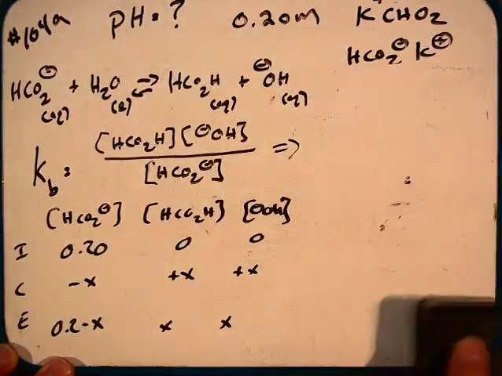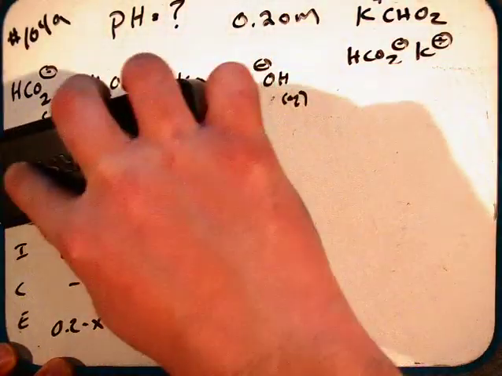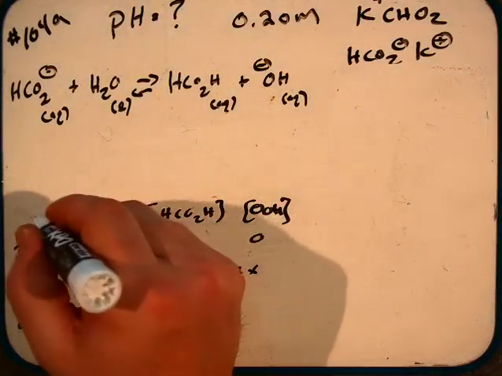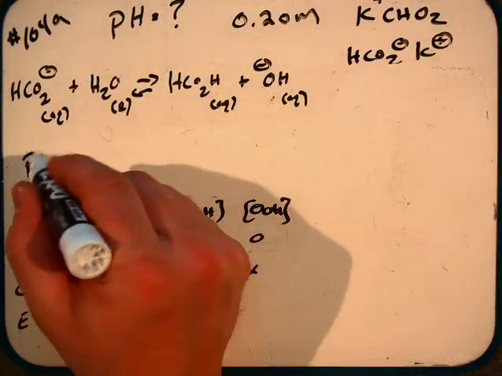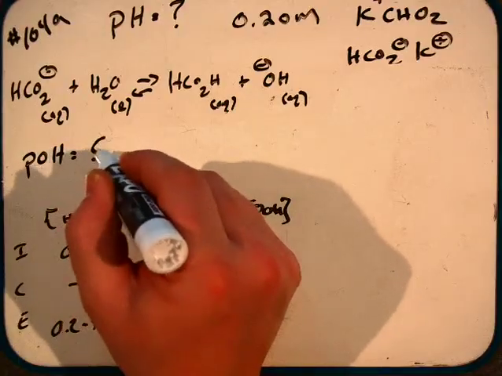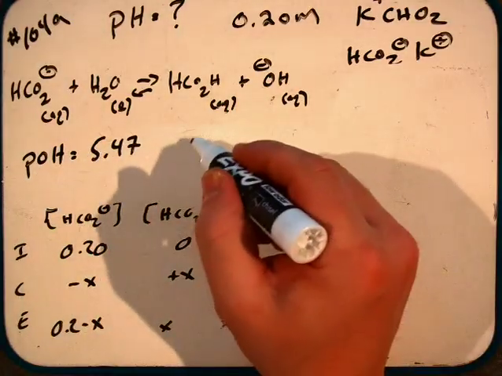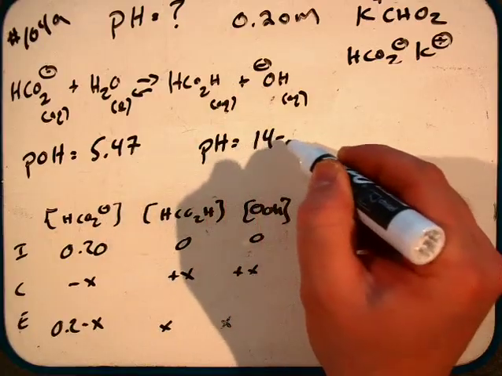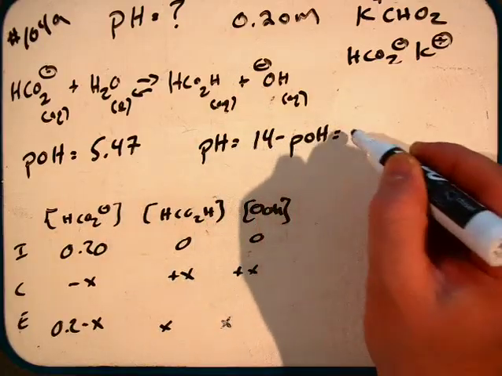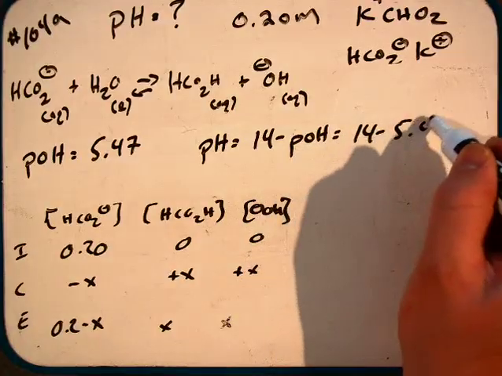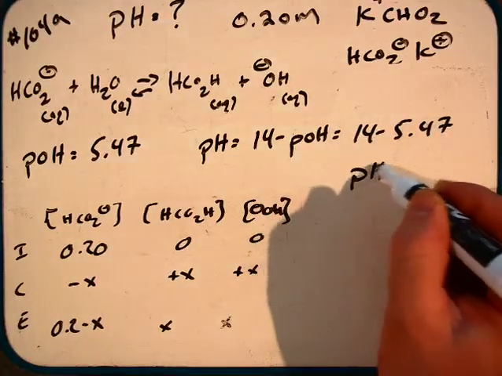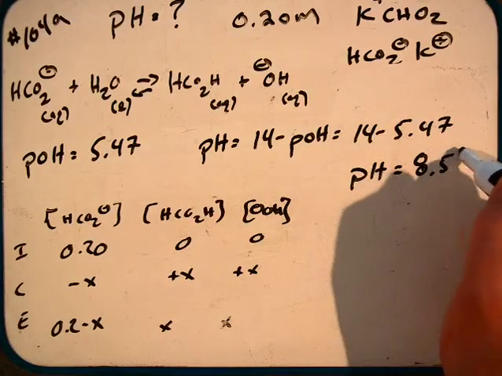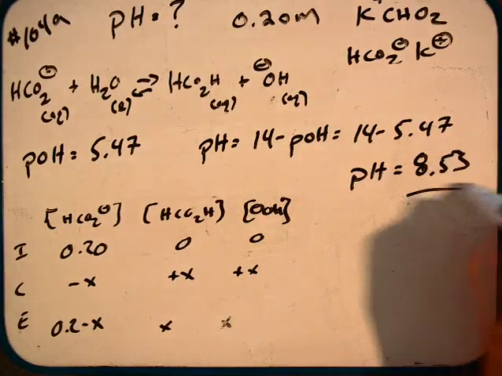So if we make just a little bit more room, our pOH, which we just solved for, was 5.47, right, and so we can get the pH, which is equal to 14 minus our pOH, or our pH is actually equal to 8.53. Does that make sense?